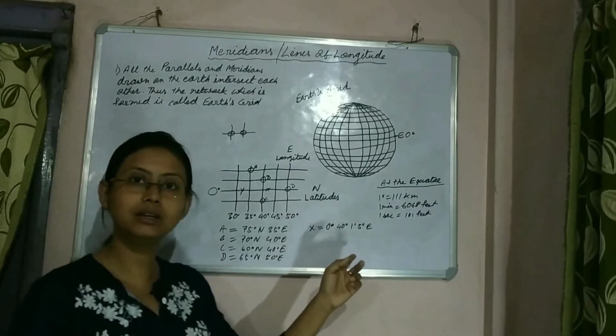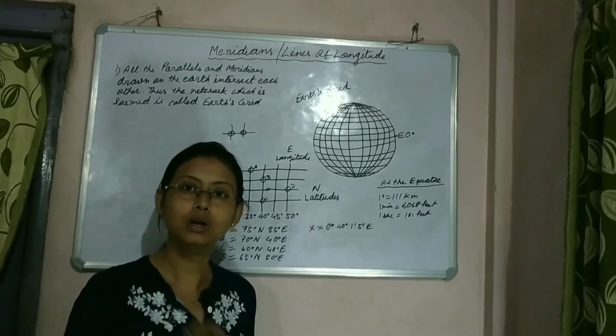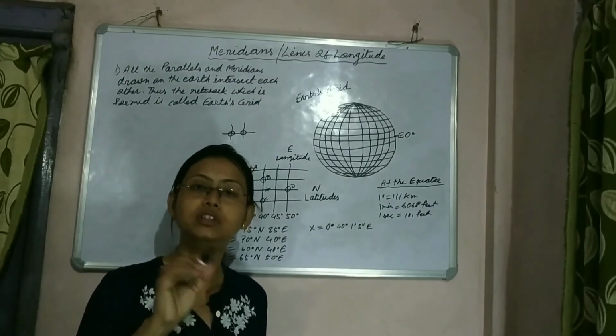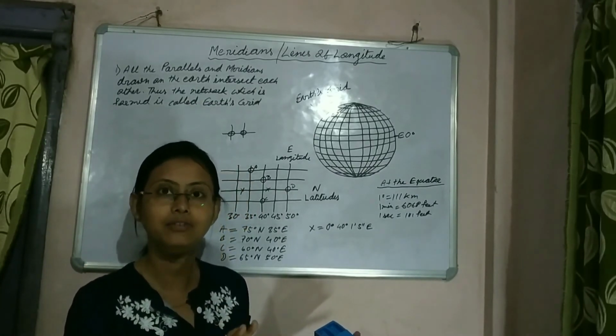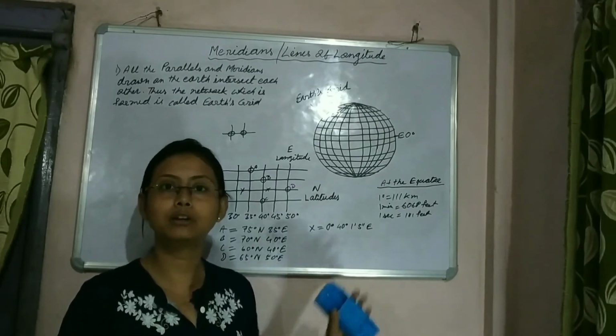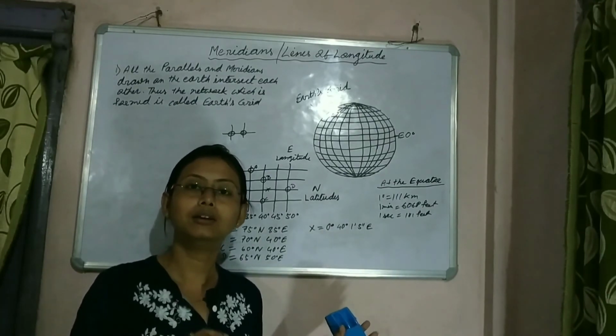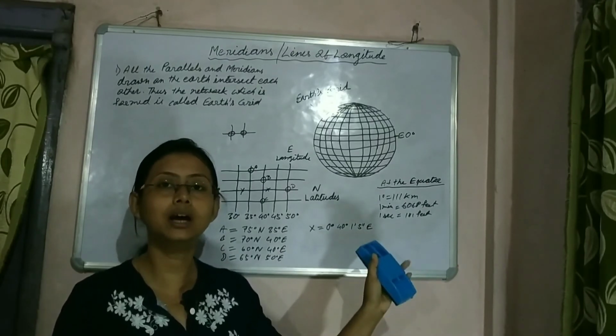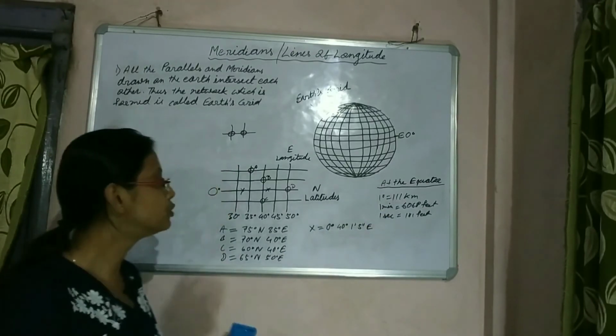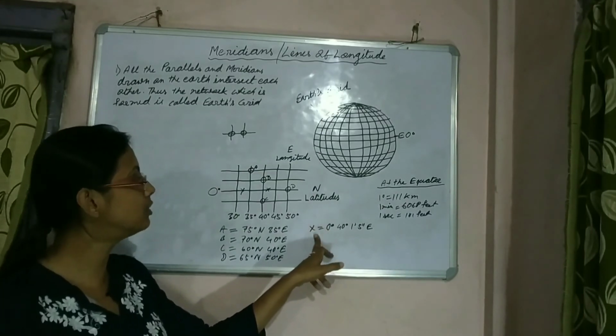But the prime meridian and equator, these two lines we always denote with 0 degree. If I say 0 degree latitude, that means we are talking about the equator, and if we say 0 degree meridian, then we are denoting the prime meridian. So this will be the location of the place X.